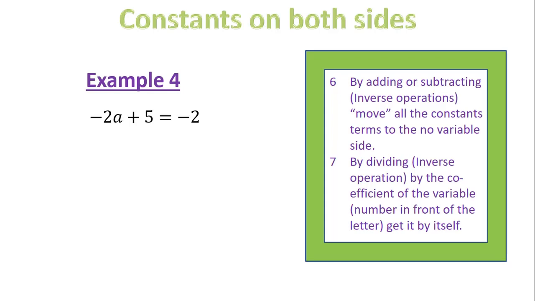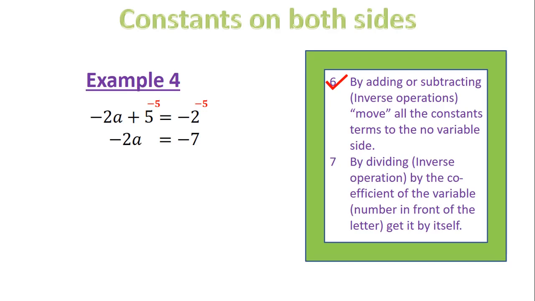So the opposite of plus 5 is minus 5, and so I subtract 5 from both sides. That gives me negative 2a, my plus 5 minus 5 disappears, equals, and then minus 2 minus 5 is minus 7. Great. Step 6, done.